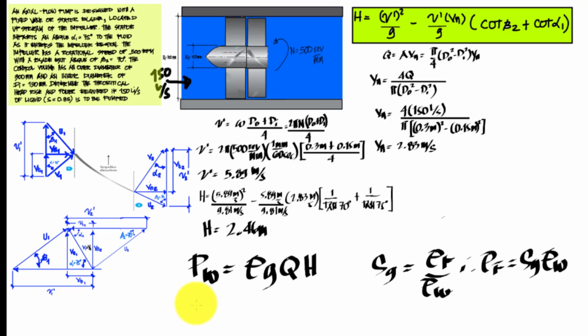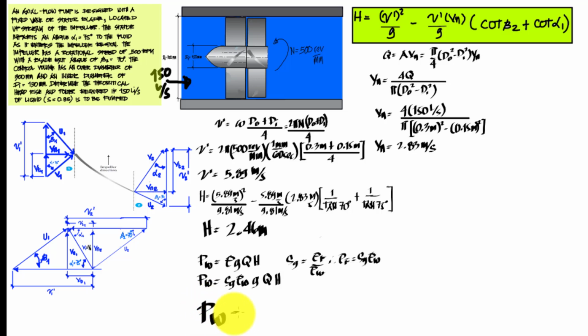So I can rewrite my water horsepower as specific gravity times the density of the water, then multiply with the gravity, the volume flow rate and your head.